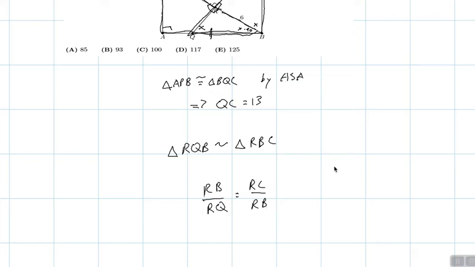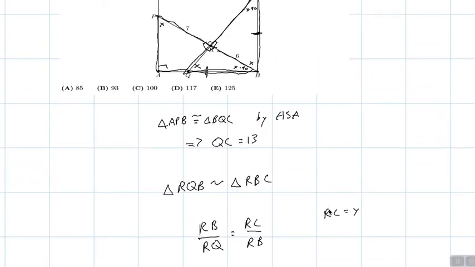And for the purpose of this, let's say RC is equal to y. So RC is going to be equal to y, and then RQ is just going to be 13 minus y.